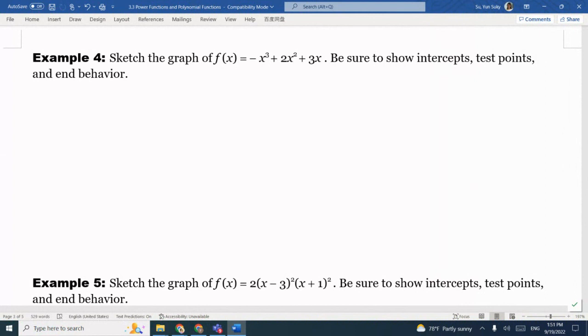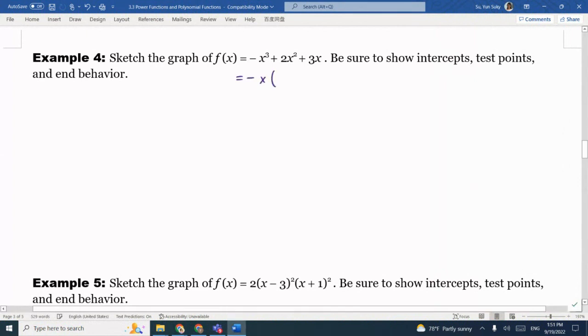So first of all, let's factor completely. Can you see a common factor? X. Yes, everybody? Do you see the leading coefficient is negative? So let's also factor out the negative one. If you see the leading coefficient is negative, please factor out negative 1.